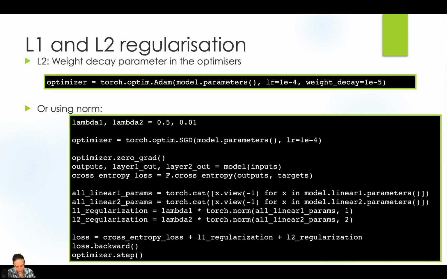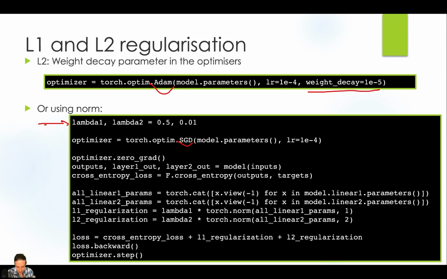Okay, so how do we implement this in Pytorch? Okay, so L2 regularization is actually included in some optimizers. For instance, in Adam Optimizer, you can just put your regularization constant here, or you could do this manually. You define your regularization constants. Here we use stochastic gradient descent optimizer.